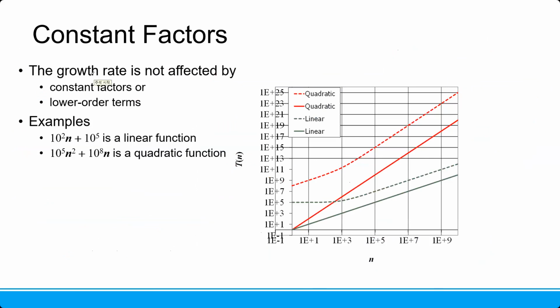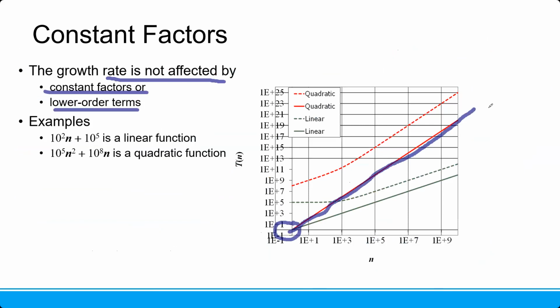So the growth rate is not affected by constant factors or lower order terms. What does it mean? When you have the quadratic, this is the quadratic. It depends on the constant where you start this quadratic.